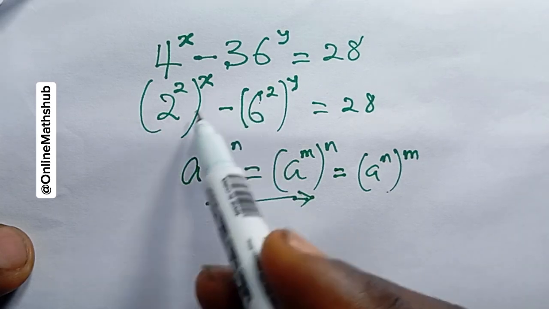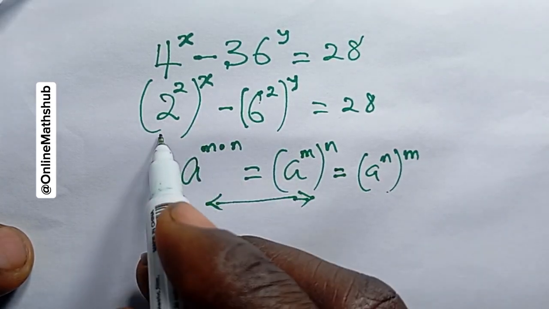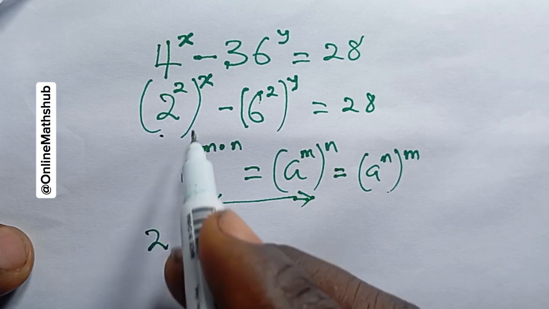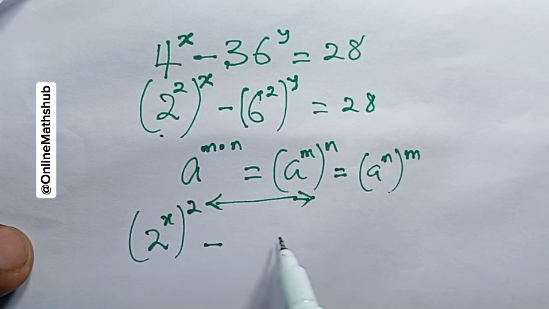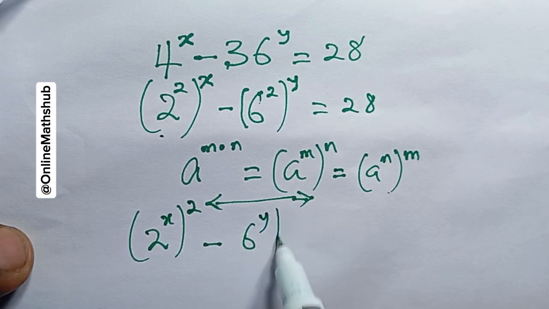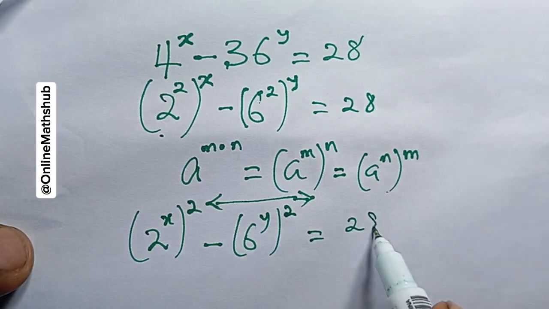Okay, so that's what I'm going to do right here. So if I do that, I'm going to write this as 2 power x and then raised to power 2 minus 6 power y, and then of course raised to power 2 is equal to 28.